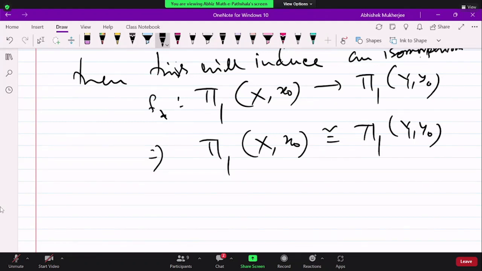So the concept of homotopy equivalence is a more general notion compared to deformation retraction. It should be noted that the figure 8 space that we have seen earlier and the theta space are both deformation retracts of the doubly punctured plane, right? But neither is a deformation retract of the other.